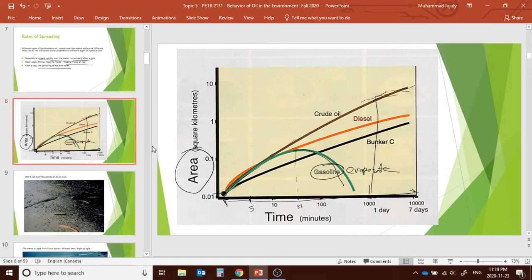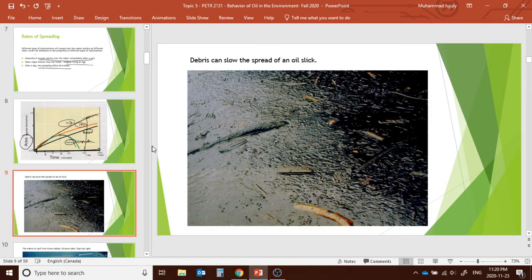The initial spreading is very high, but from 1 day to 7 days, the rate of spreading is much lower. Okay, because of the surface tension and due to the gravity. So this is a very important graph, because in our project work we'll actually work with these different types of graphs.